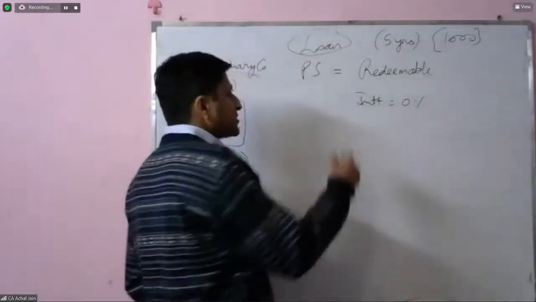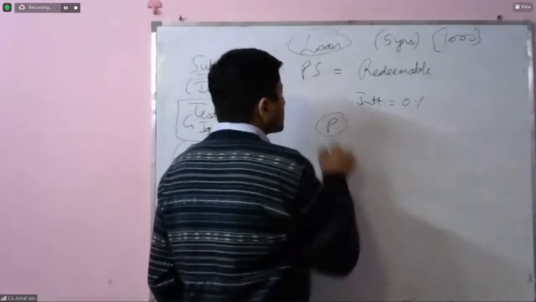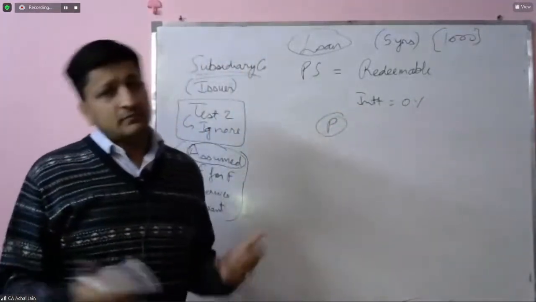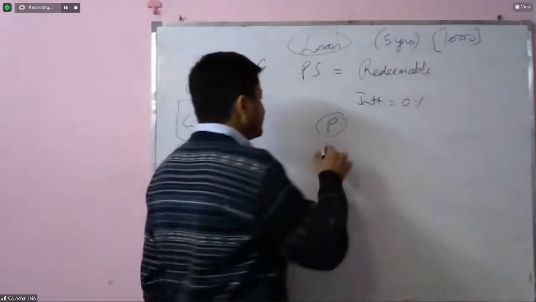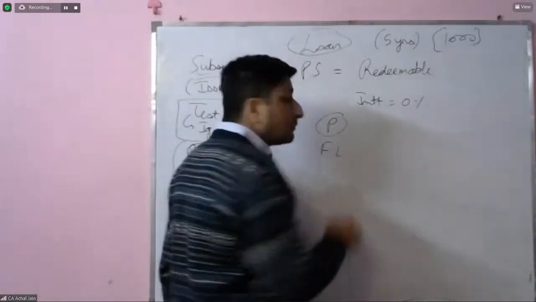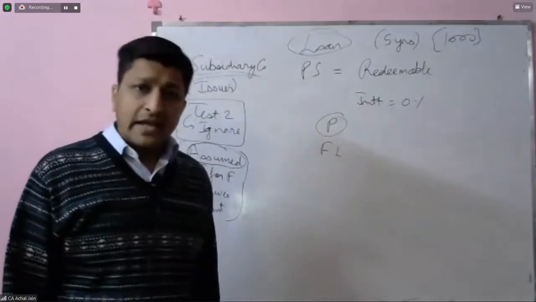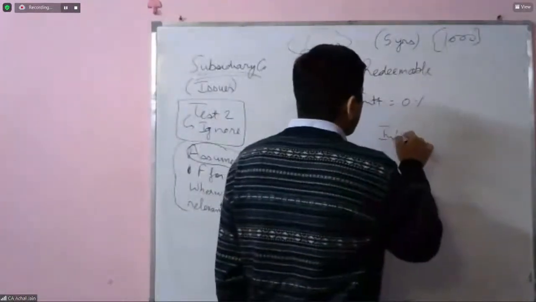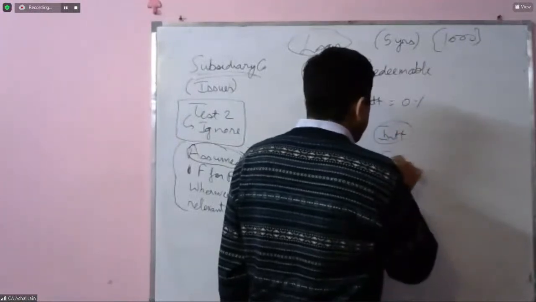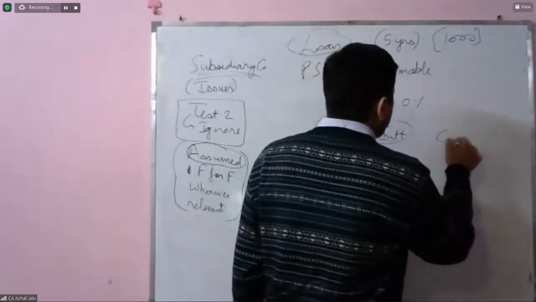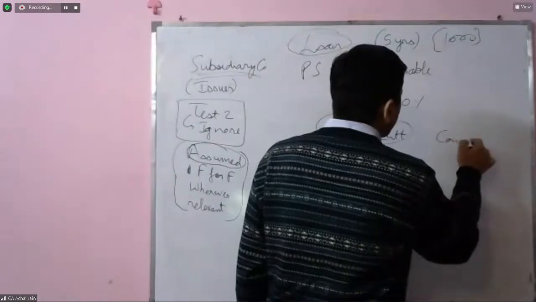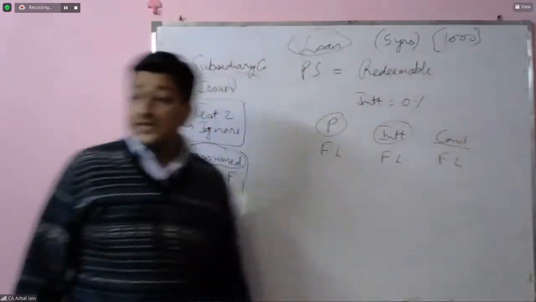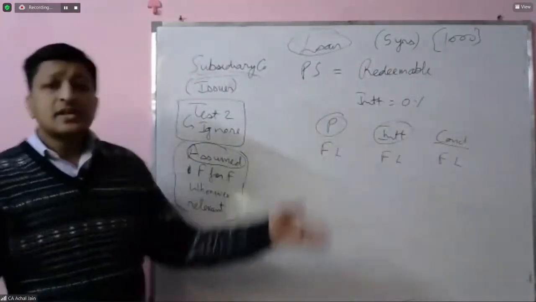If you look at this instrument, is the principal required to be paid by the issuer? The answer is yes. So what will it become? Financial liability. Is the interest required to be paid? Yes, it's again a financial liability. Therefore, the conclusion is that it's a financial liability. And you may be thinking, sir, how is the interest payable?